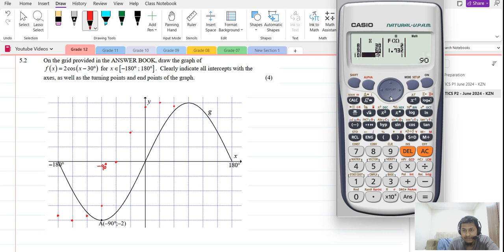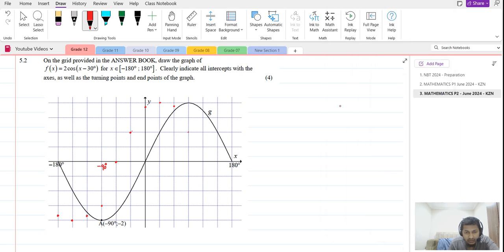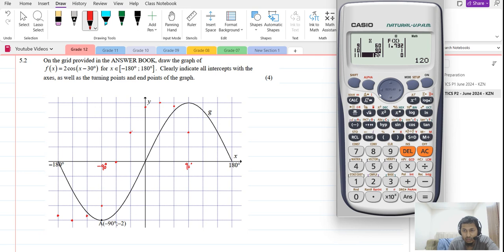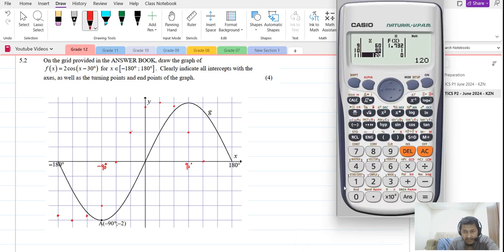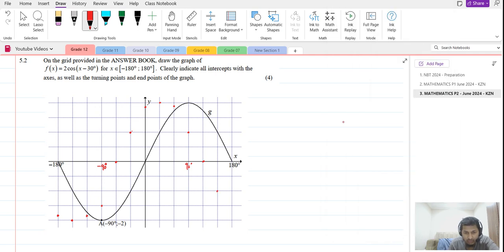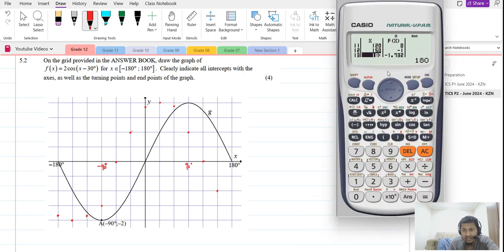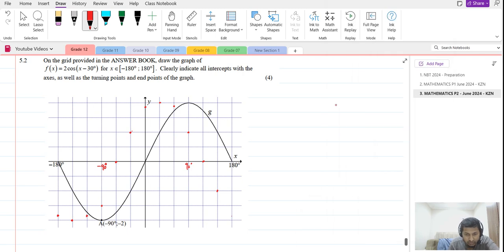At 90 it is going to be 1. That's 90 degrees. At 120 it is going to be 0. At 150 it is going to be -1. And at 180, -1.732 again. Right? So we're going to sketch this graph.